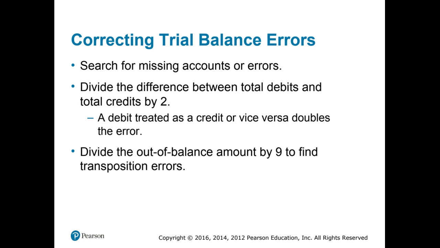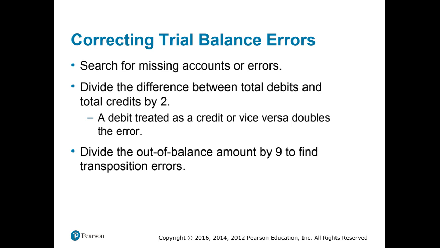If that's not the case and you didn't miss something, another thing you can do is divide the difference between your total debits and your total credits by 2. Meaning you would take the 500 plus 600, that's the total, and then you would divide that by 2, which gives you 550, and they're telling you to then look for 550.